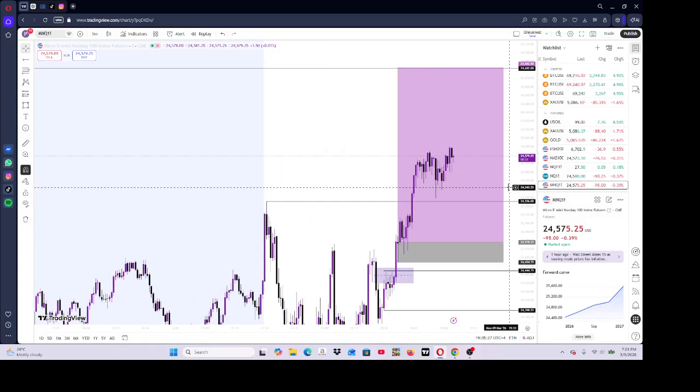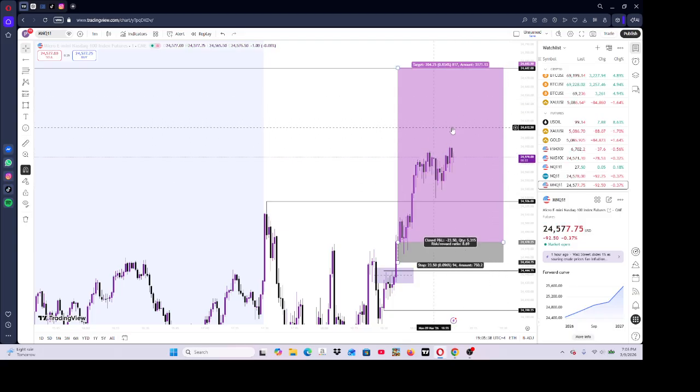Still in the consolidation state. Show me one ripper to the upside. Just one ripper to the upside. That's all I'm looking at. One huge ripper, at least in this section.